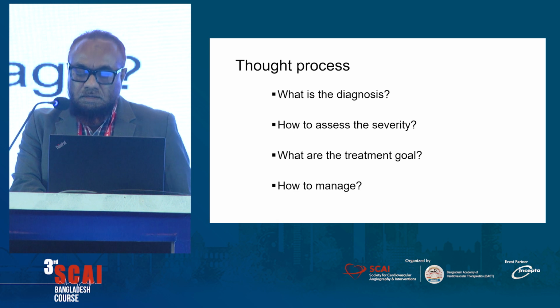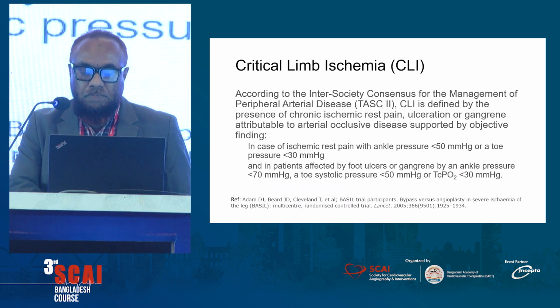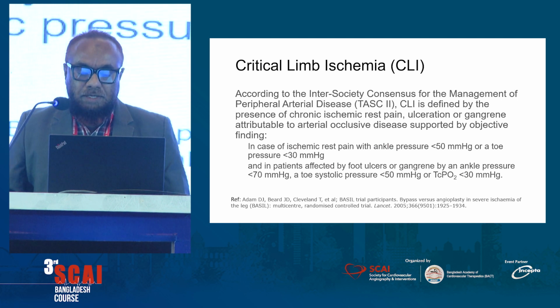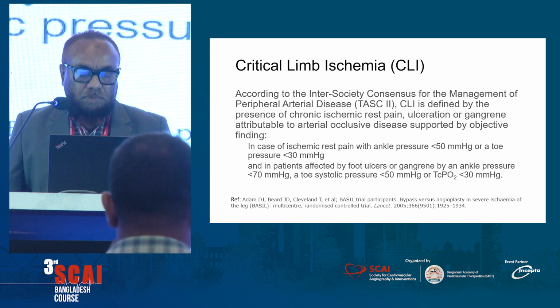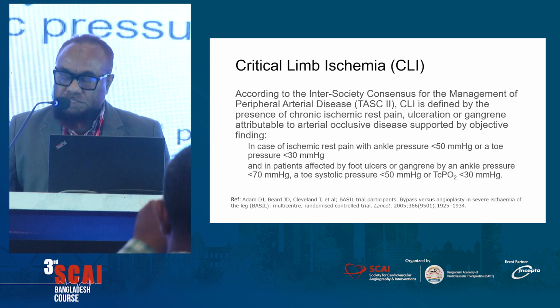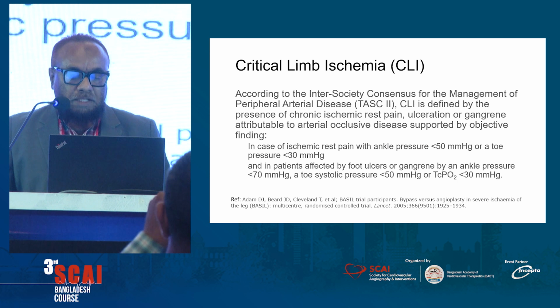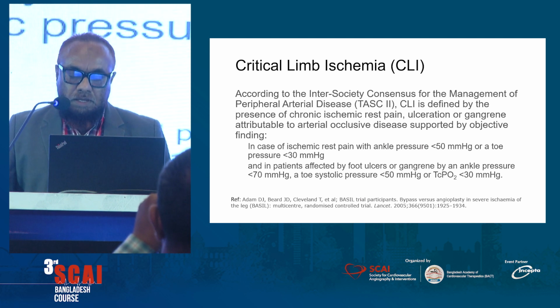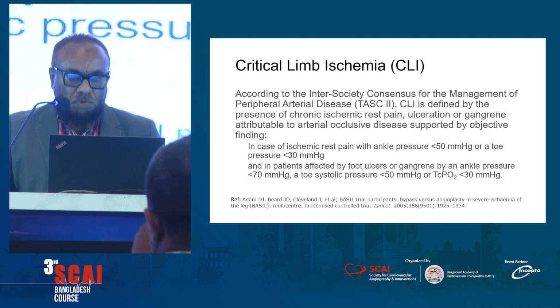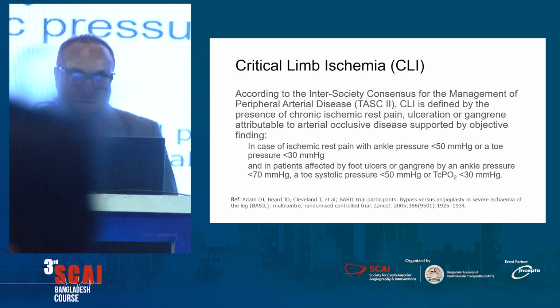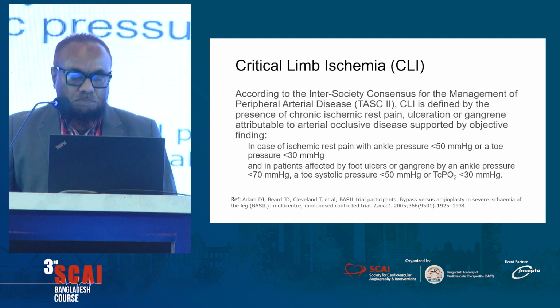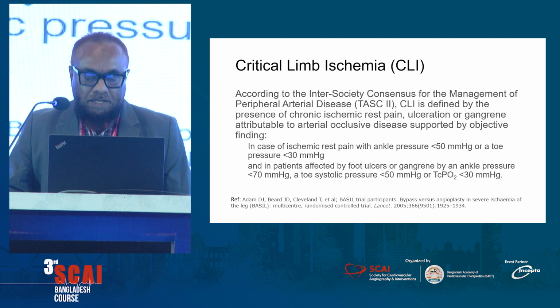Obviously, these are cases of critical limb ischemia, that is CLI. What is it? According to the Inter-Society Consensus for Management of Peripheral Arterial Disease, that is TASC 2, CLI is defined by the presence of chronic ischemic rest pain, ulceration or gangrene attributable to arterial occlusive disease, supported by objective findings.